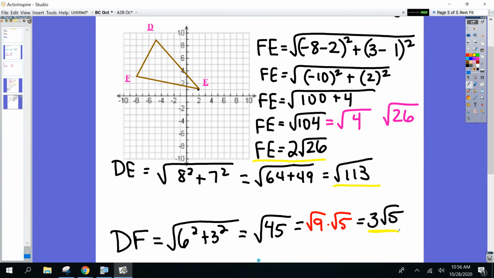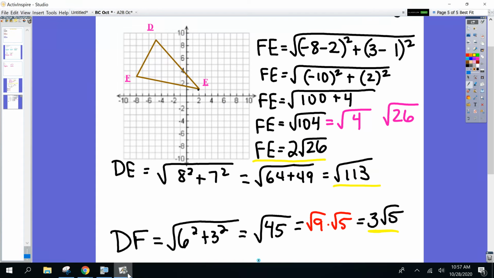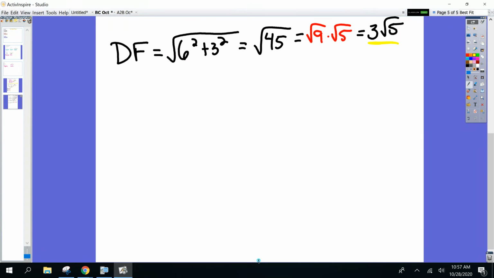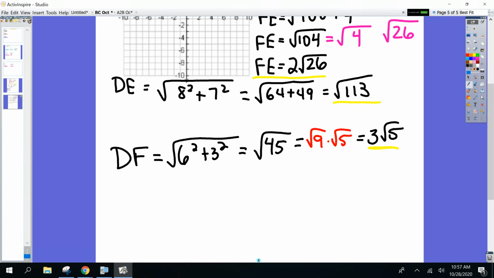What type of triangle am I working with here? What type of triangle is this one? Quincy, what type of triangle do I have? Could you repeat the question, please? What type of triangle is this?